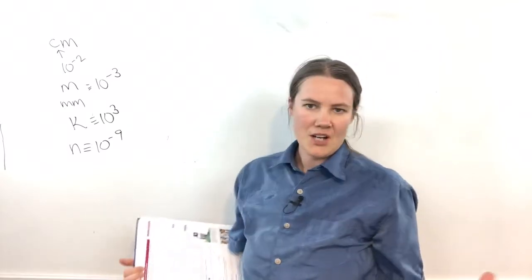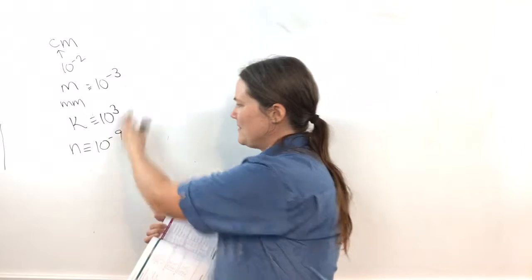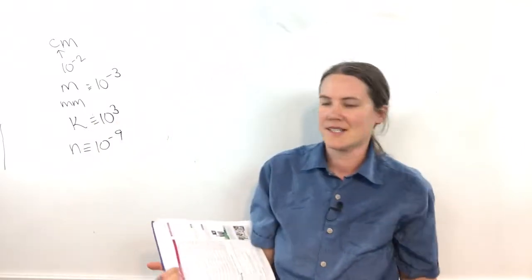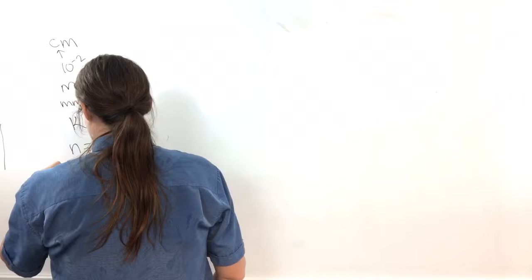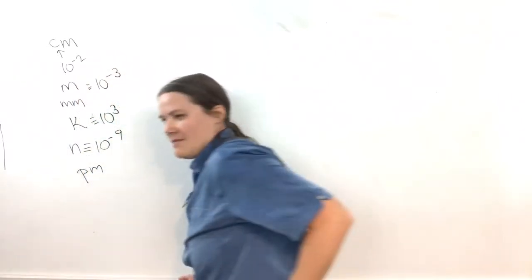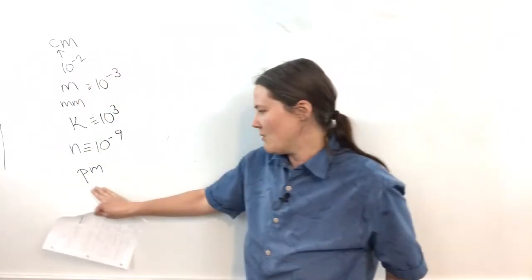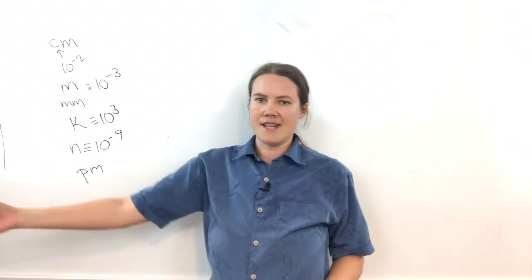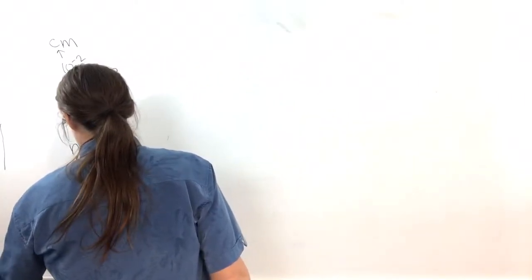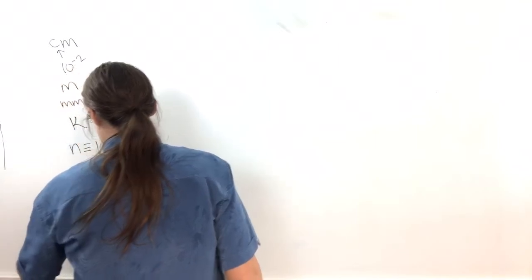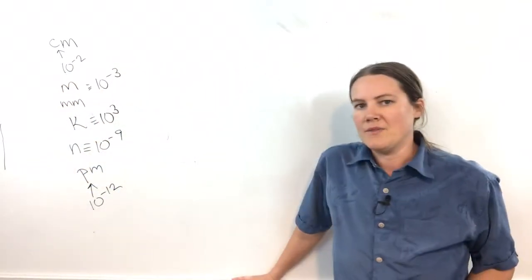Pretty much all chemistry books will have a table with these metric prefixes. You can also find tables with them online. If, for instance, you had picometers and didn't know what pico was, you could look at this table or look it up online, and you would find that pico is equivalent to 10 to the negative 12.